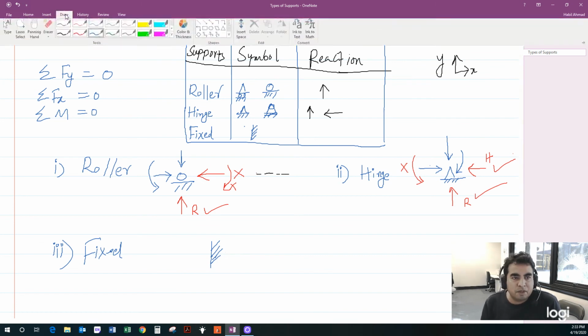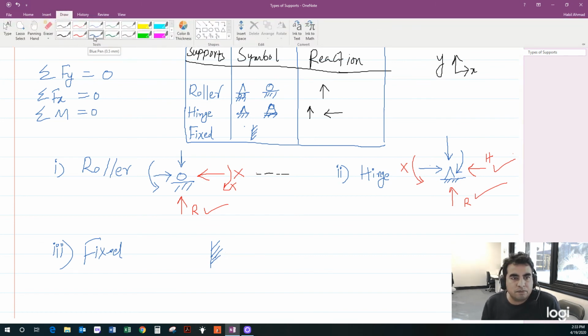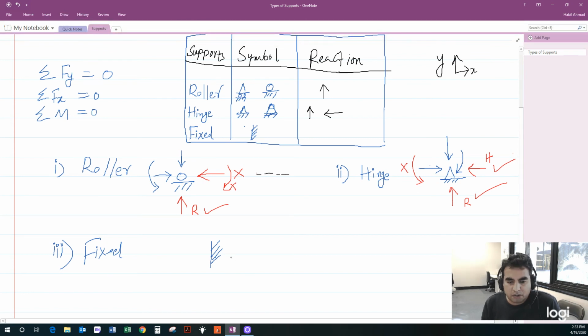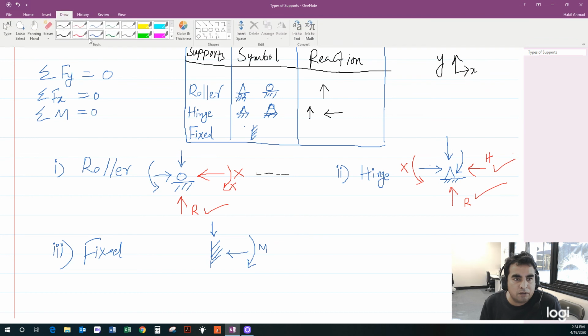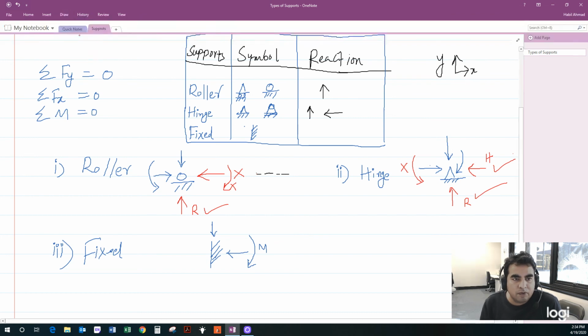So if we have three applied loads, a vertical load, a horizontal load, and a moment M, the fixed support is able to resist the horizontal load, the vertical load, and the moment.